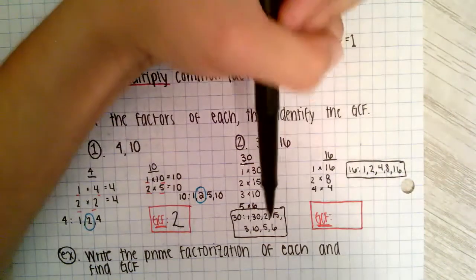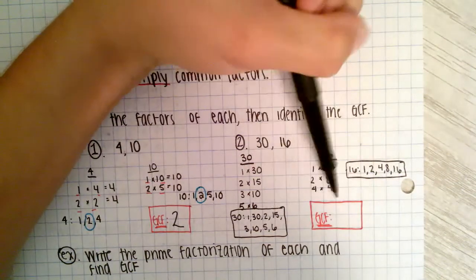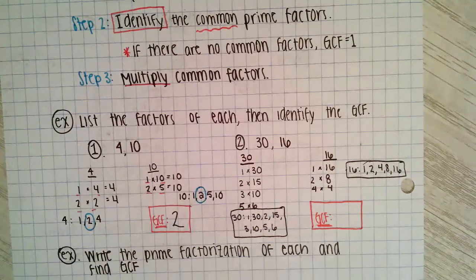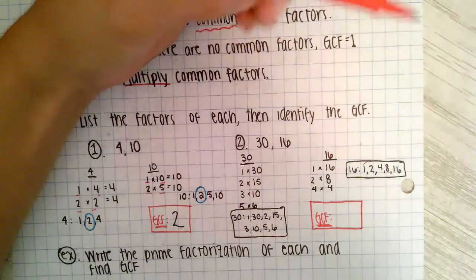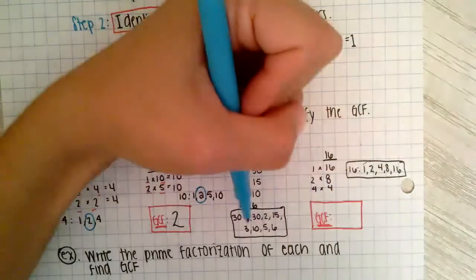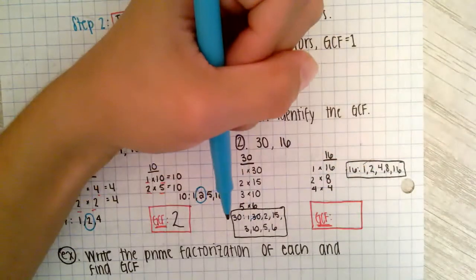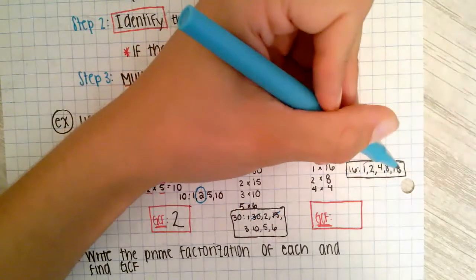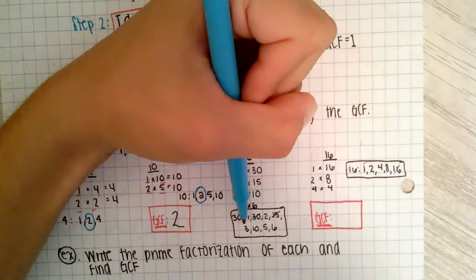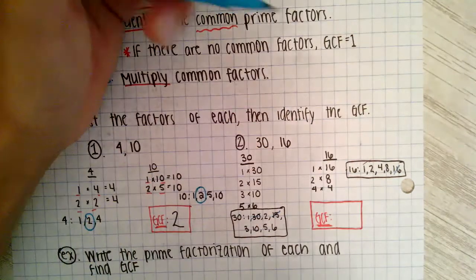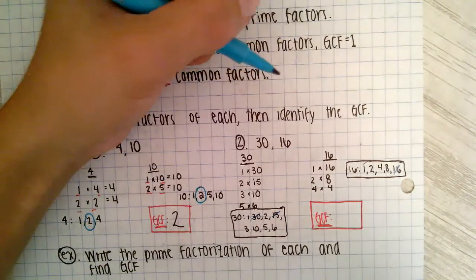Now what I have to do though is look at all these factors here and all these factors here, and identify which is the greatest that they have in common. Let's see. There's no 30 over here. There's no 15. No 16 over here. We're just trying to compare them. You can write these on top of each other too. Sometimes that's easier. I just didn't have a lot of space on this page.